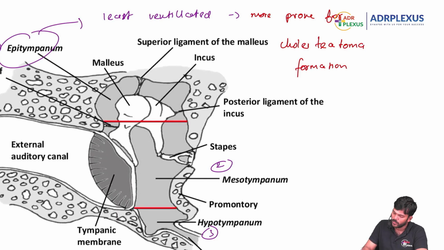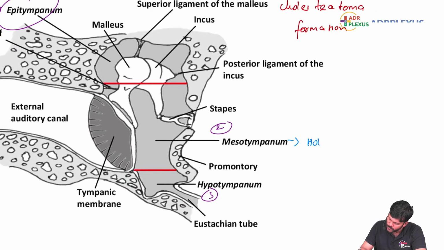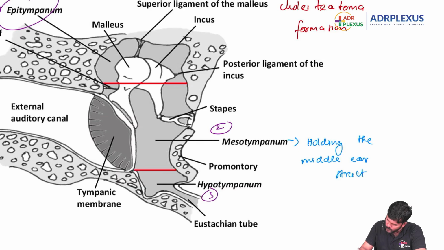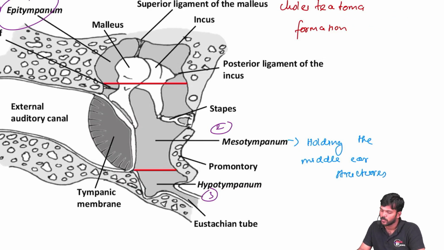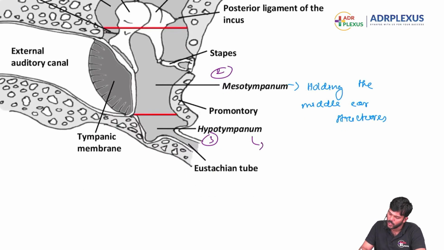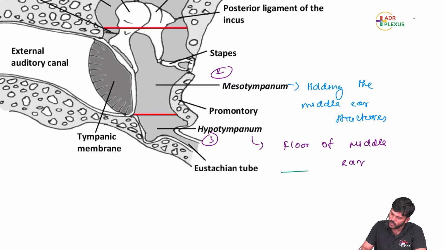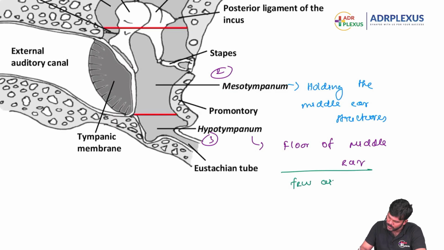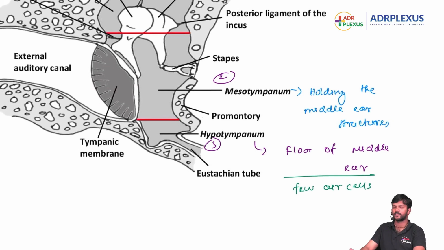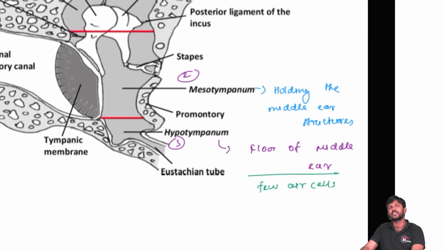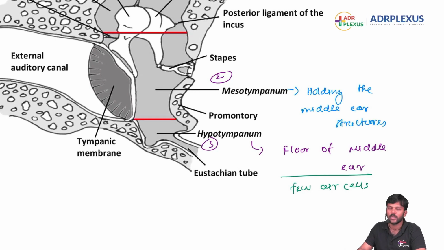Whereas mesotympanum will be holding the middle ear structures. Hypotympanum is not so significant. It forms the floor of the middle ear. It will have a few air cells, hypotympanic air cells. So these are the significance of these three subdivisions of the middle ear. Understood?